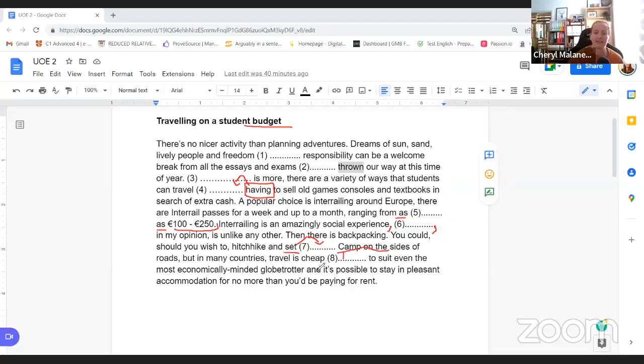Number 8, we've got an adjective. What's coming after the adjective? We've got some answers. Enough is the correct answer here. After adjectives, 2 common answers: a fixed preposition, like depend on, interested in, or enough. Careful you spell it correctly. If you put the T on the end, Romelia, 0 points.